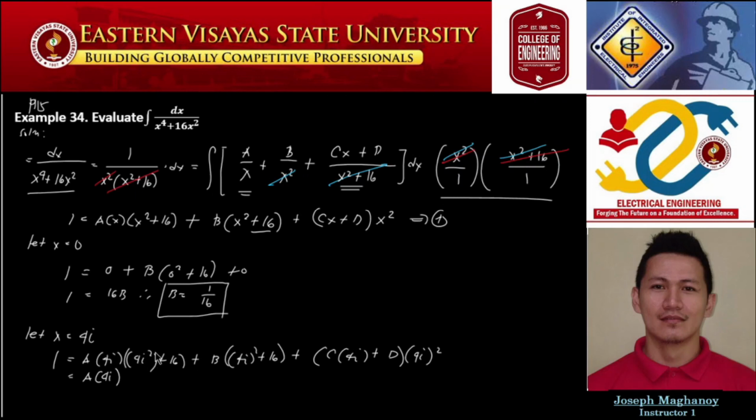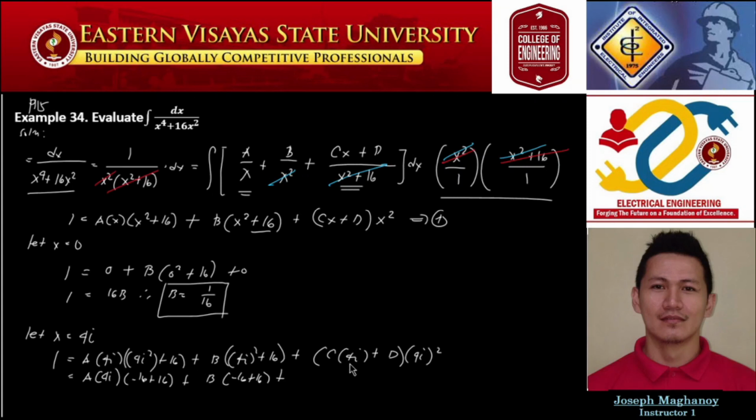If I apply the value of 4i, 4i squared is negative 16. So negative 16 plus 16 will become only 0. For b, we substitute the value of our b, but here, same, 4i squared is negative 16, so it will become 0 also.